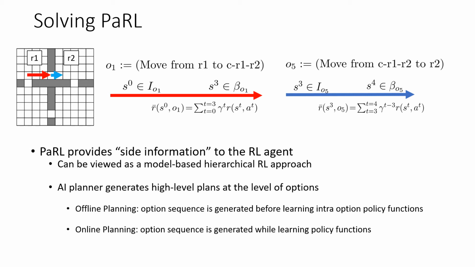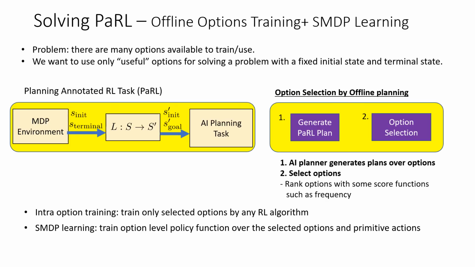When solving the task using PARL, we can think of two approaches. The first one is offline planning, where we pre-train all intra-option policy functions in advance before solving the SMDP. The other one is online planning, where we learn all policy functions during exploration. In this presentation, we show the offline approach.